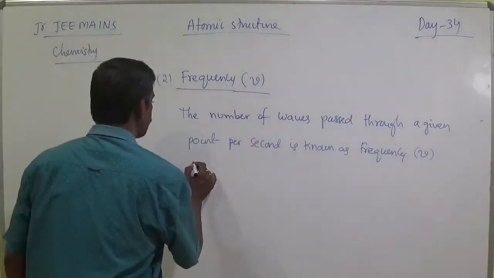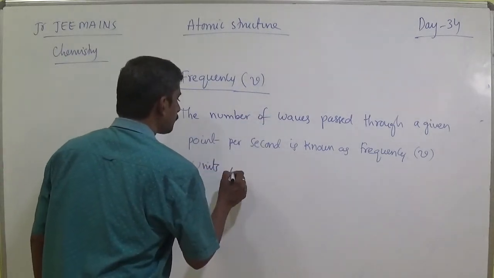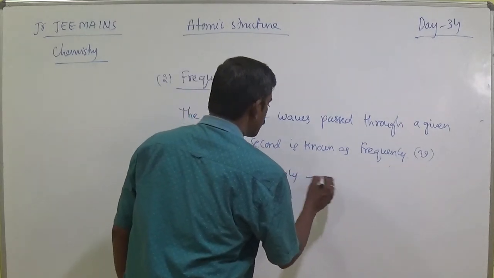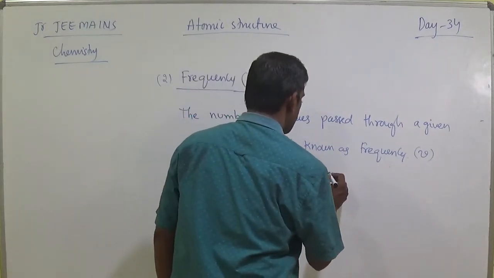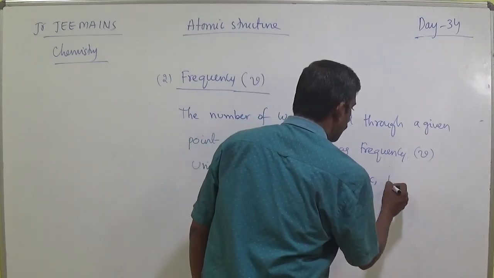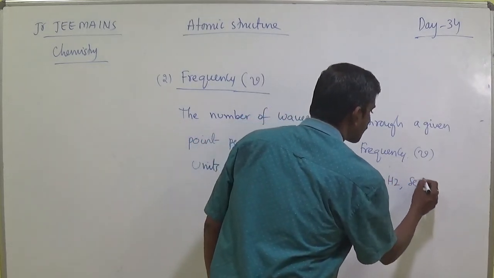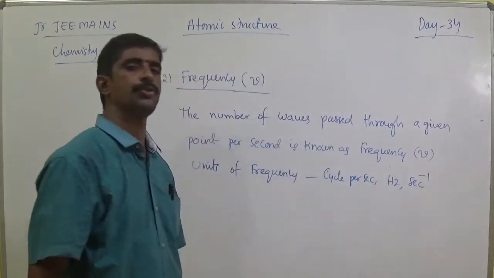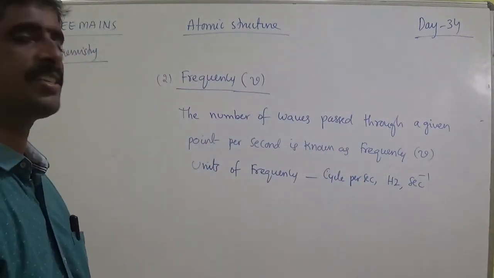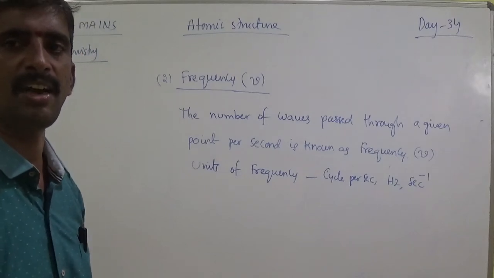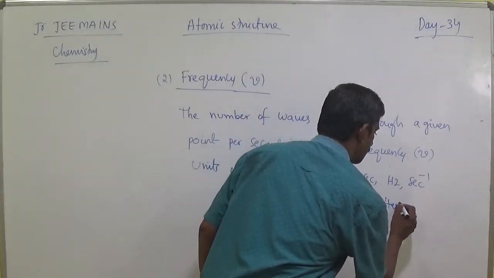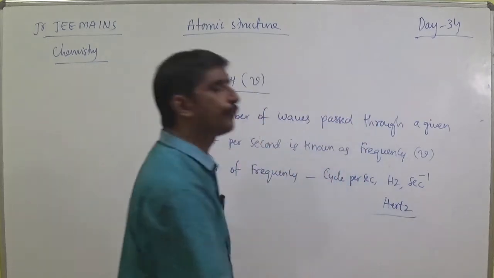Units of frequency are cycle per second, hertz, or second inverse. Hz means hertz, H-E-R-T-Z. So these are the different units of frequency.